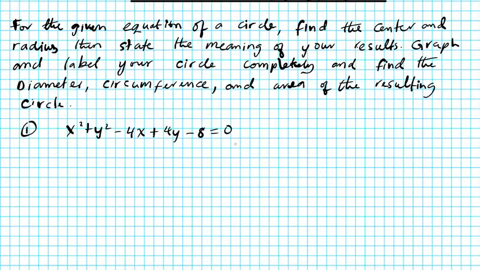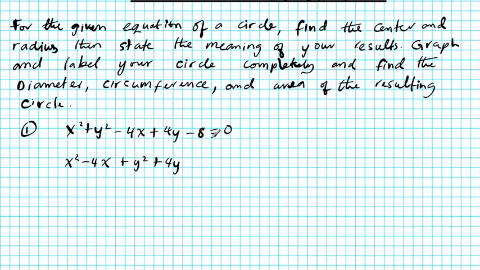To get started, we're going to put the similar variables together so we can complete the square. So we're going to put the x's together first. So we have x squared minus 4x, and then the y's together, plus y squared plus 4y.